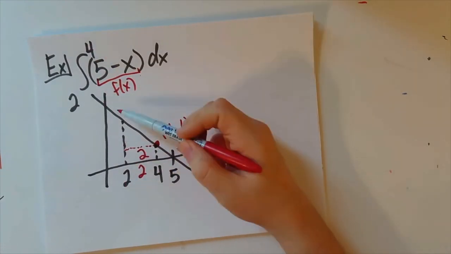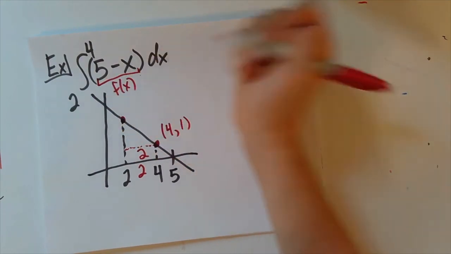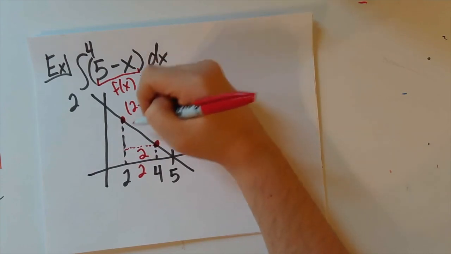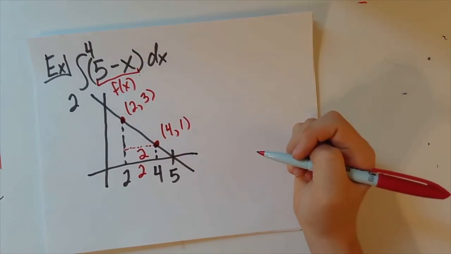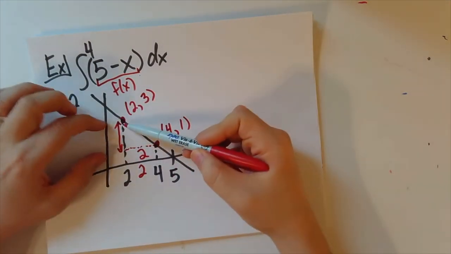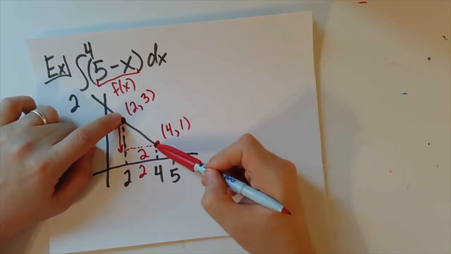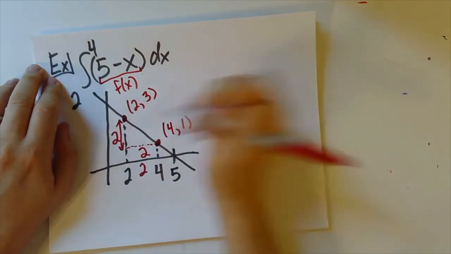Now, when I go to find the height of the triangle, I'm going to need to first find the coordinates of this point, which is 2 comma 5 minus 2, so 3, which is to say that this height is the distance from the y-coordinate of this point to the y-coordinate of this point. So that is to say this height is 2.